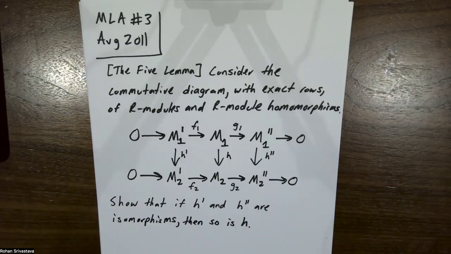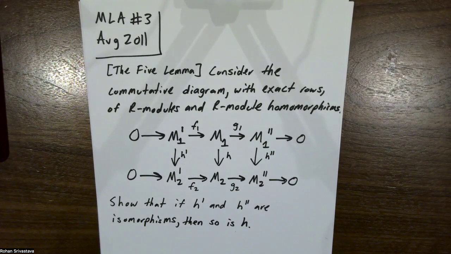And then for the other part, to show H is injective, we'll use the fact that if H prime and H double prime are injective, then it follows just from that that H must be injective. And then once we have that H is injective and surjective, then H is an isomorphism. However, to keep this somewhat shorter, we're just going to do surjectivity. Also because injectivity is done directly in Dummit and Foote.